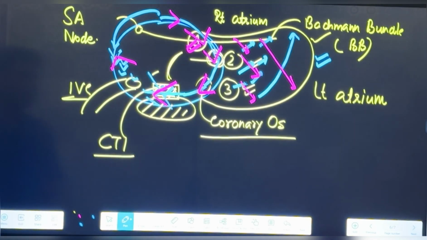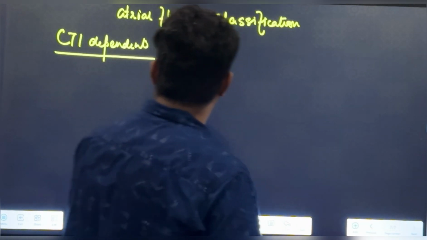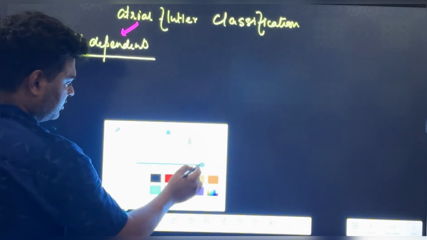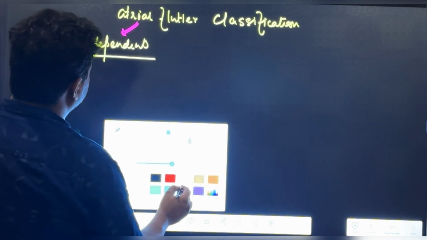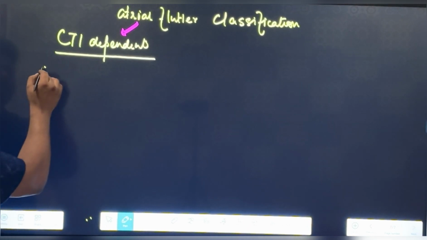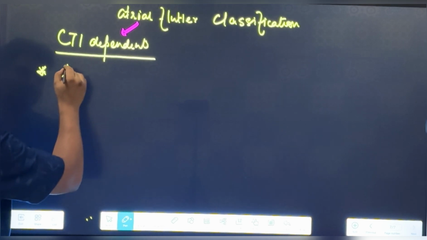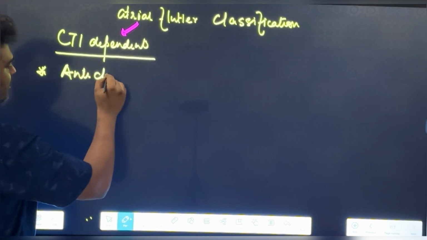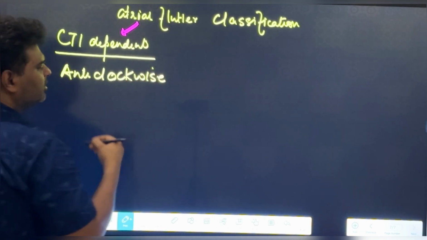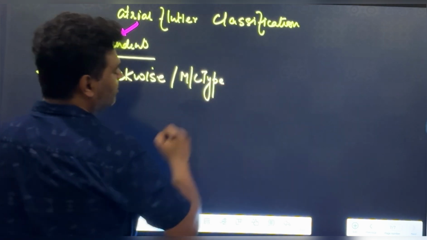Okay. So if you understand this, now we will come to the CTI atrial flutter classification. One is CTI dependent. One type is anti-clockwise, also called counterclockwise, and this is the most common type of atrial flutter.